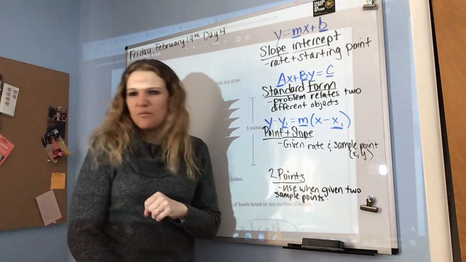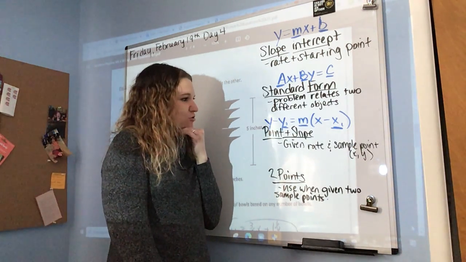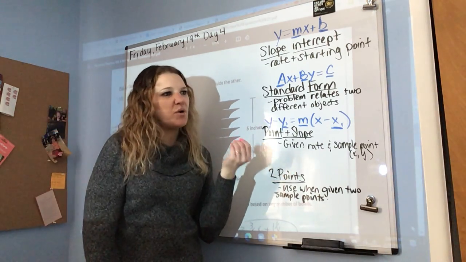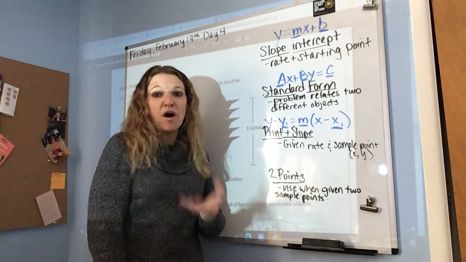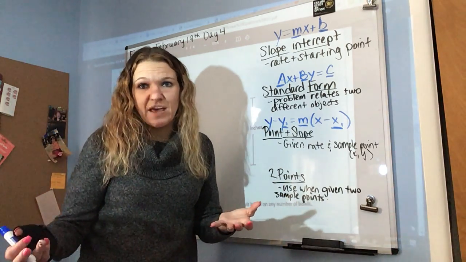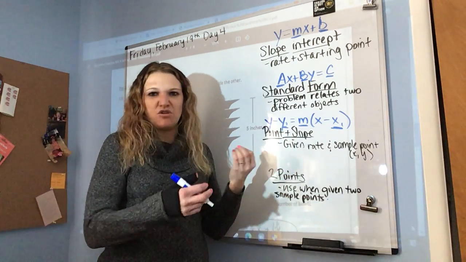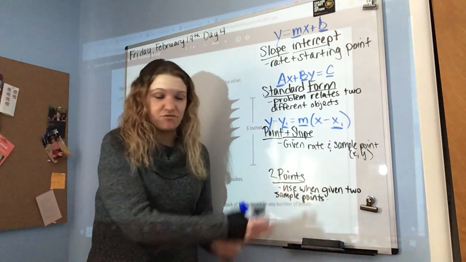I forget what the other problem was, but we'll look at it. An example might be they tell you that you're charged $5 per ride at the fair, and after 12 rides your total cost for the day was this. They give you the rate, and then they give you that sample point, where it's the total cost and how many rides they actually rode.